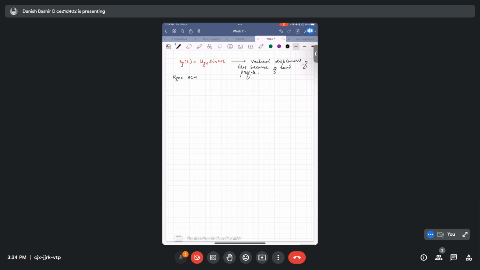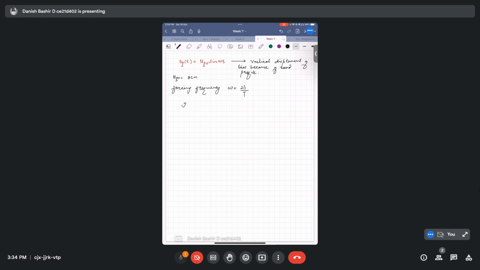The forcing frequency will be omega, equal to 2 pi by T, where this time period T will be governed by the speed of the vehicle.